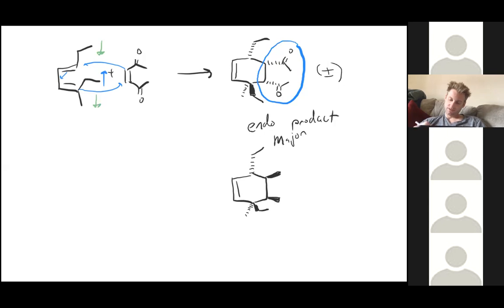We can get a different diastereomer where these are coming in from above, and this is referred to as an exo product. I'll give you guys a second to finish writing this down.